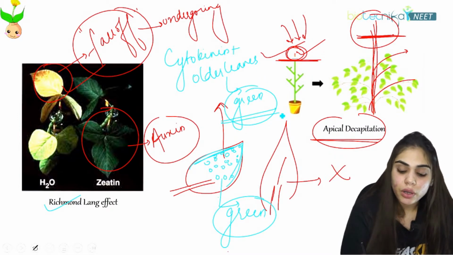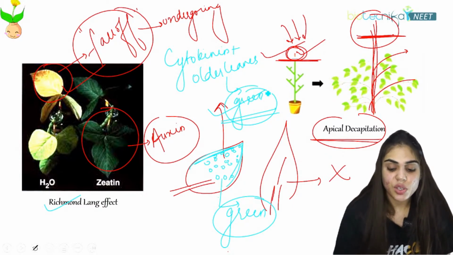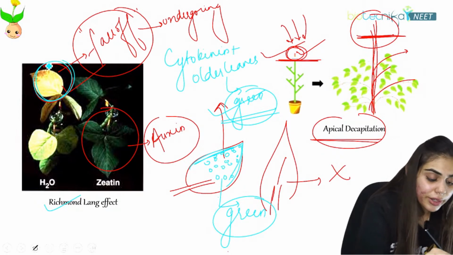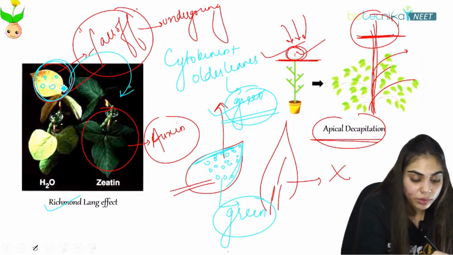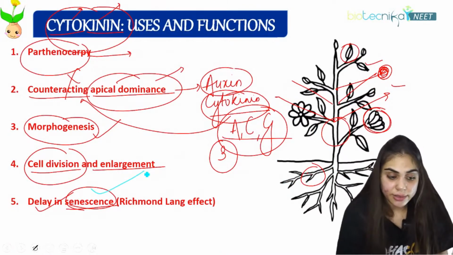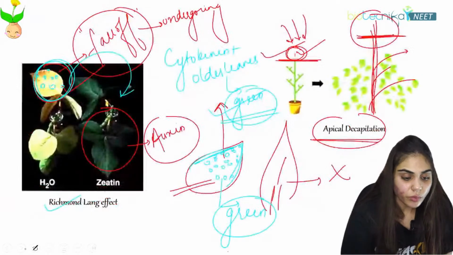They will not fall off, and will be called young or green leaves. This is what is called the Richmond-Lang effect. So this is what is called delaying of senescence. Cytokinin will delay senescence.